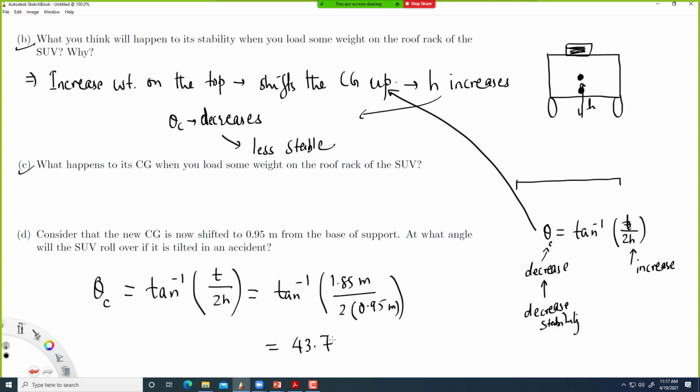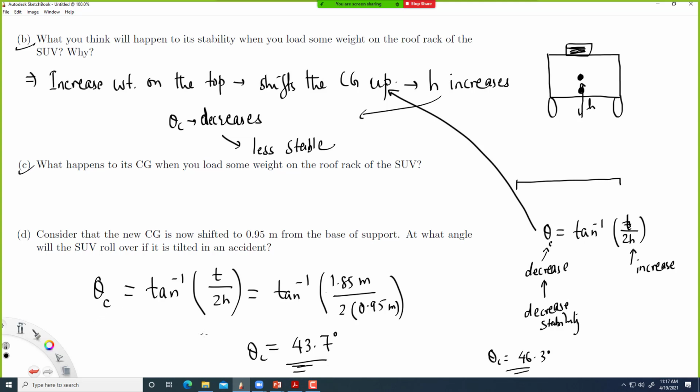43.76 degrees or 43.7 degrees, which is less than the previous one. Okay. So the previous one was 46.3. Here it's 43.7.